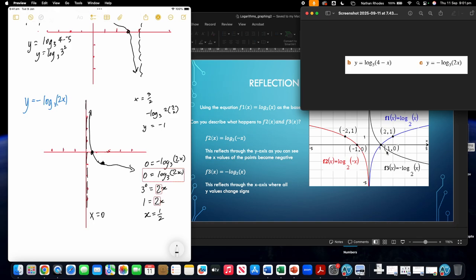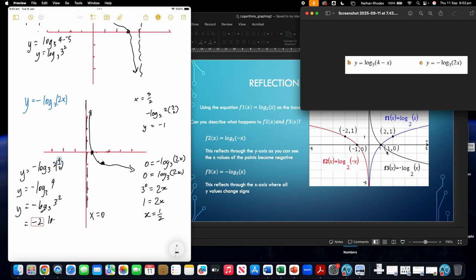I can find another point if I want to. For example, I would try 9 over 2. Why would I try 9 over 2? Because 2 divided by 2 is 1. To prove it, if I did 9 over 2, that becomes log base 3 of 9, and we know that's 3 squared, so the 2 goes out the front with the negative.